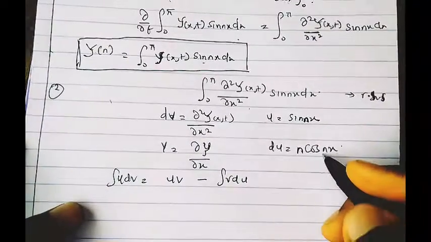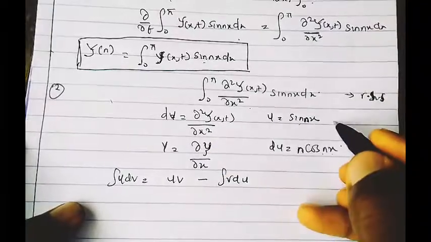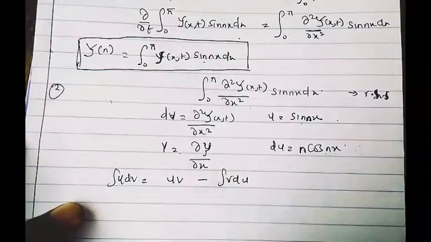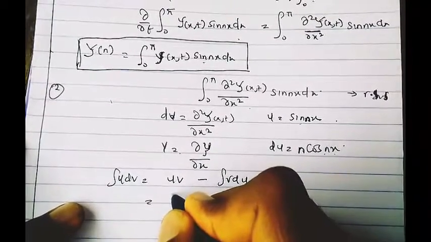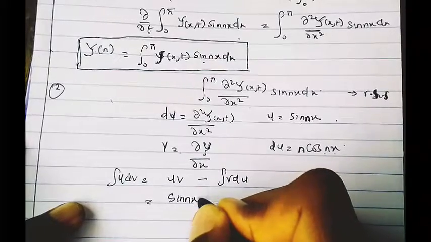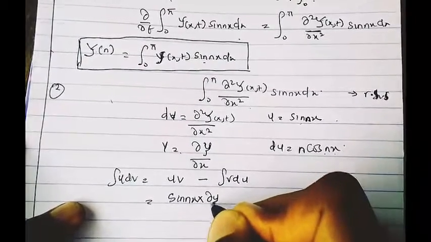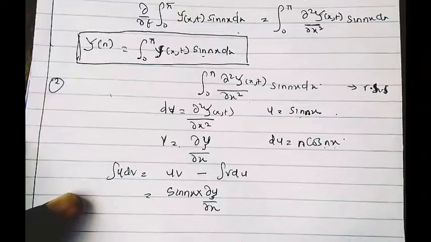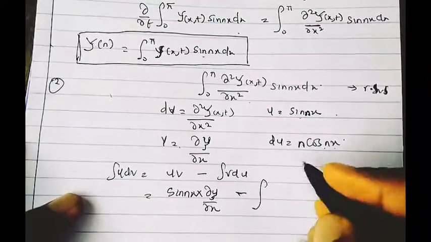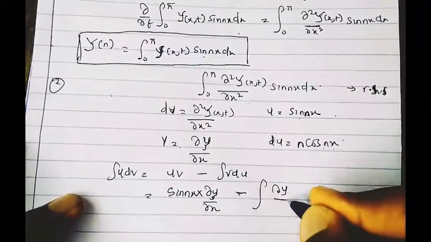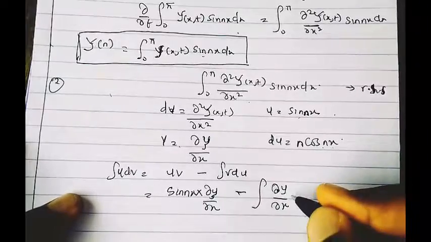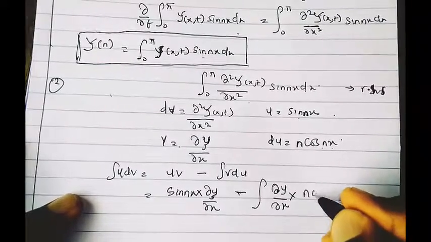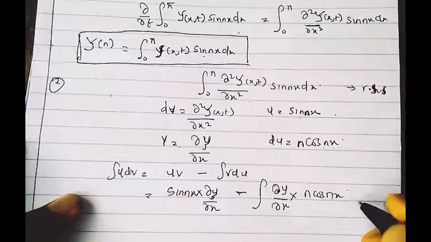So when my u is sine nx and my v is dy dx, this will be sine nx times dy dx minus integral my v, which is dy dx, times my du, which is n cos nx dx.